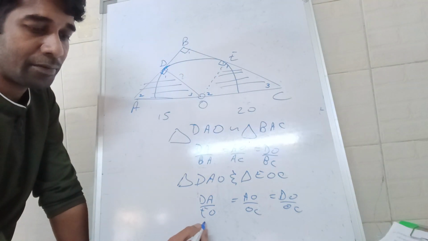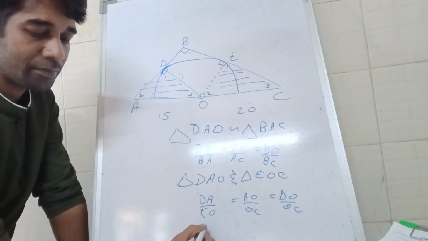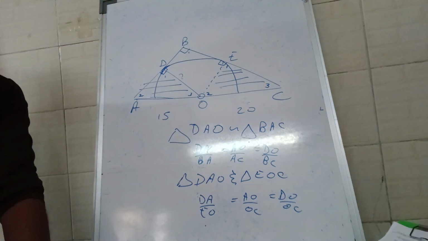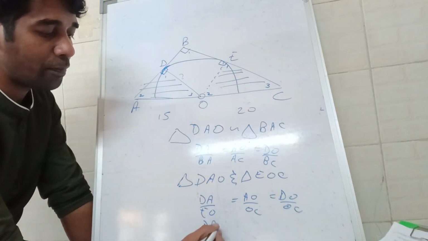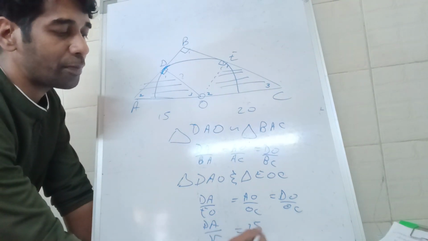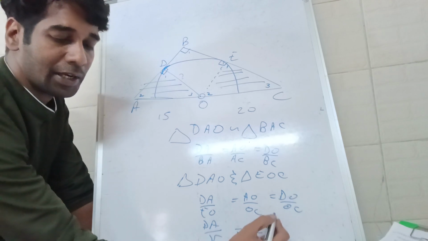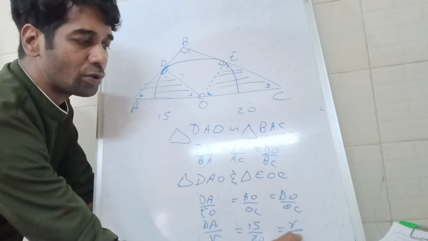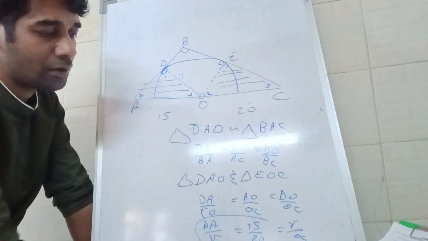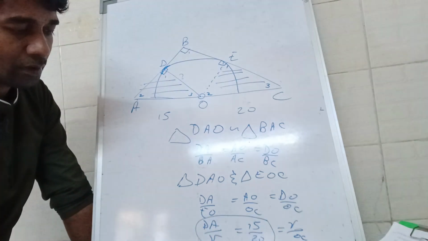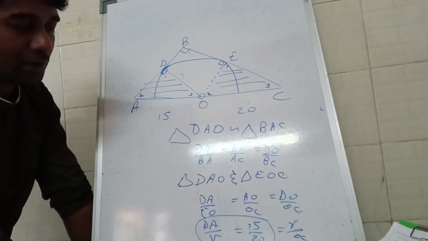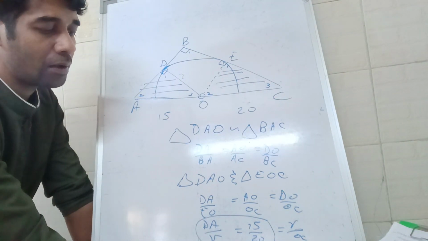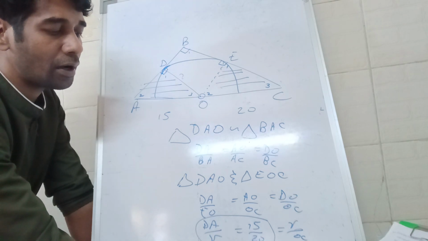EO is the radius, so DA upon R is 15 upon 20, AO upon OC, and this will be as it is: DO is again the radius, R upon OC. Now DA will be 3 upon 4 R, cross multiplying.